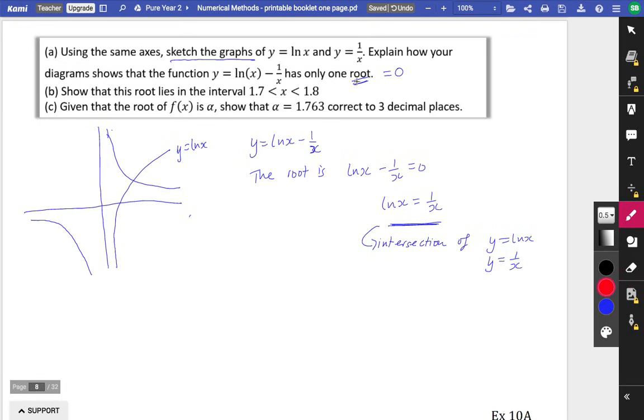And it only has one root. So you can see that because it only crosses in one place. So we should say here, the function only has one root because the graphs only intersect once.